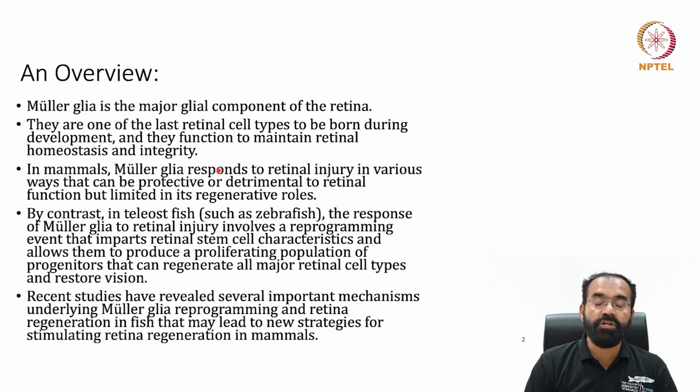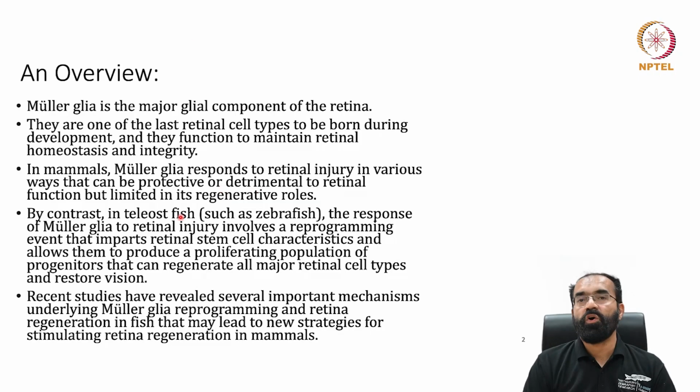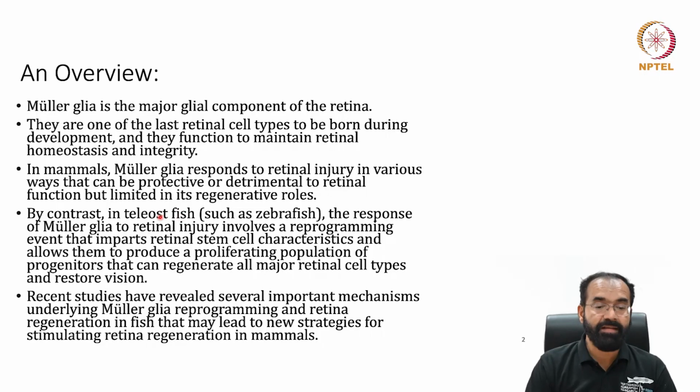So in mammals, the Muller glia responds to injury in various ways that can be protective or detrimental to retinal function, but they are often limited in their ability to create an effective regenerative response. They indeed make some cell types, but they are not effective in bringing in a proper regenerative response.